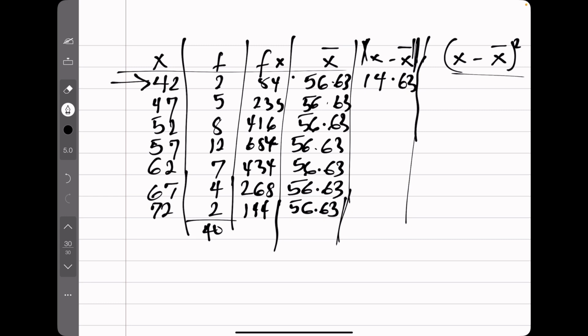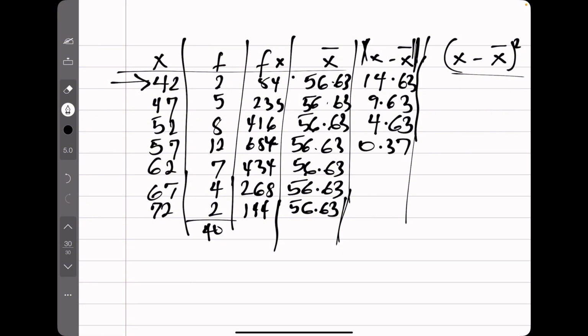If you do the next one, 47 minus 56.63, you should get 9.63. If you do 52 minus 56.63, you should have 4.63. Remember, it's absolute. If you do 57 minus 56.63, you have 0.37.